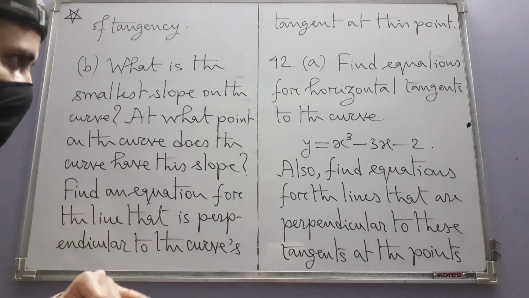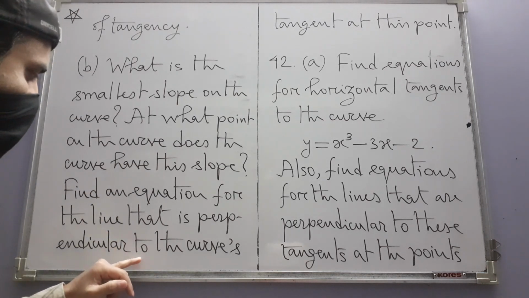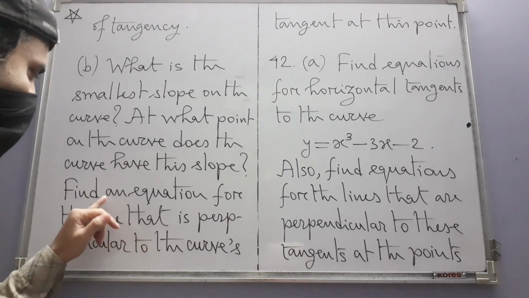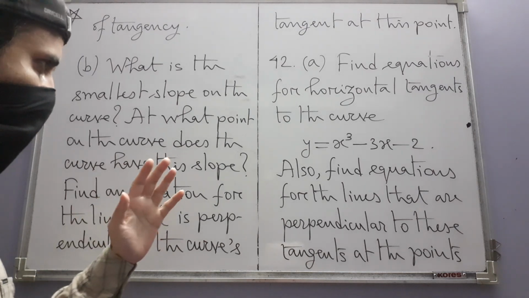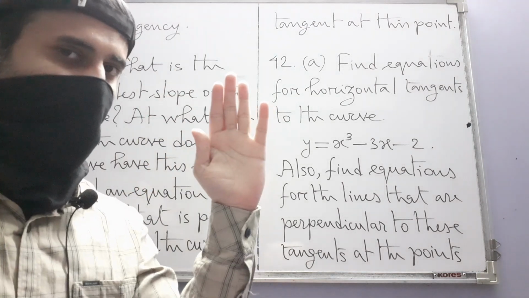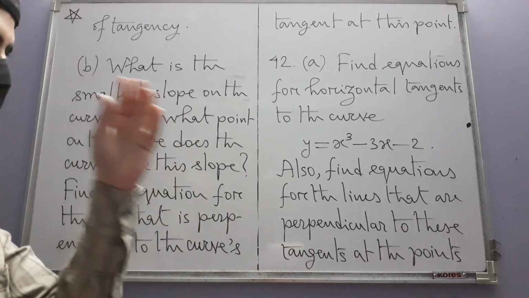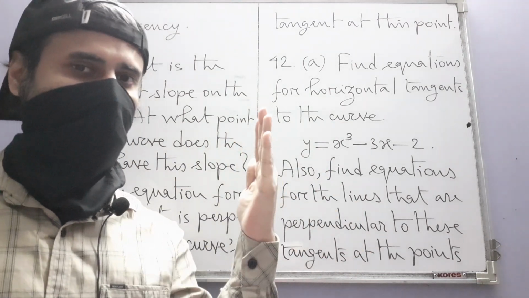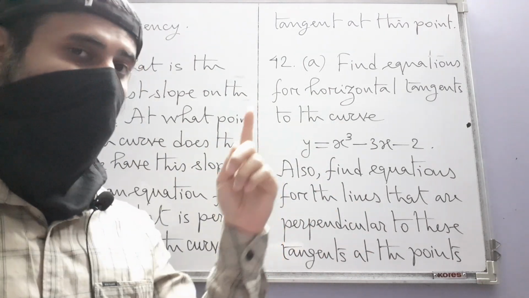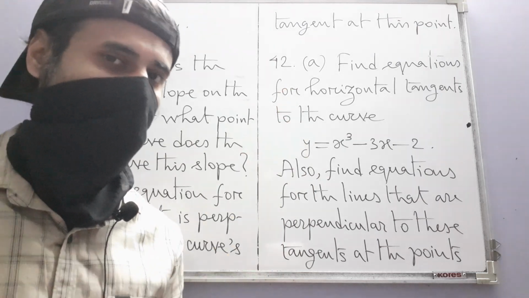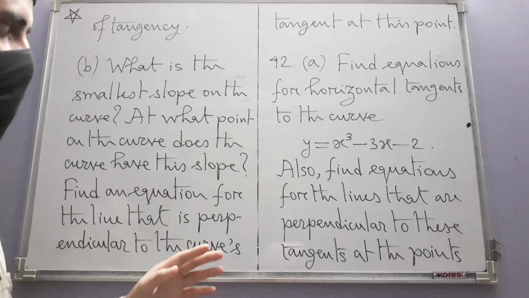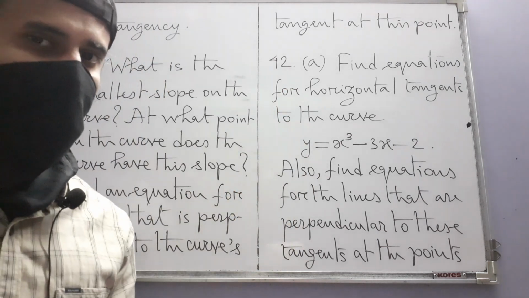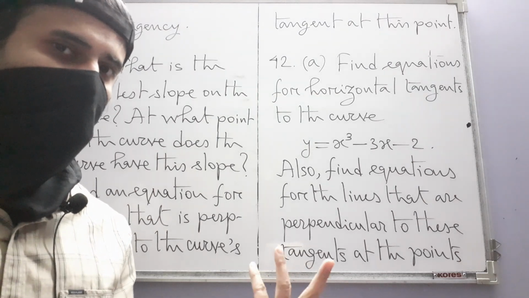And at this point 0 comma minus 2, you have to actually find an equation for the line that is perpendicular to the tangent there. So tangent slope is minus 3. So the line perpendicular to the tangent will have slope 1 divided by 3, negative reciprocal of minus 3. So you have the point, you have the slope, so write the equation, that's it.